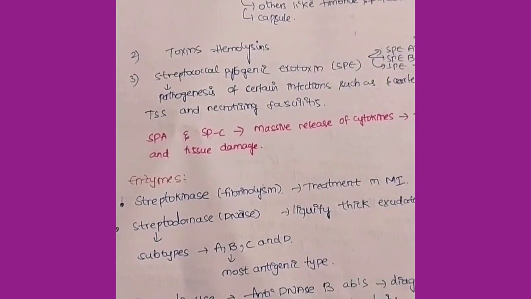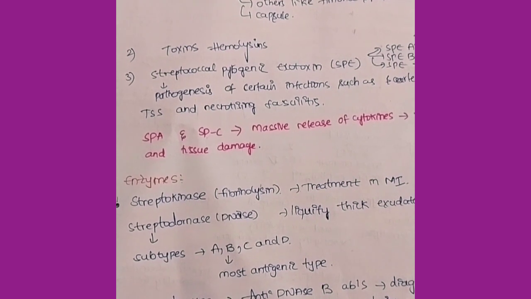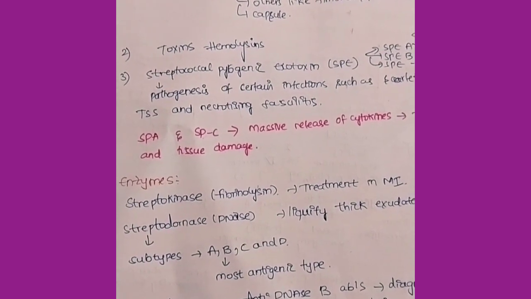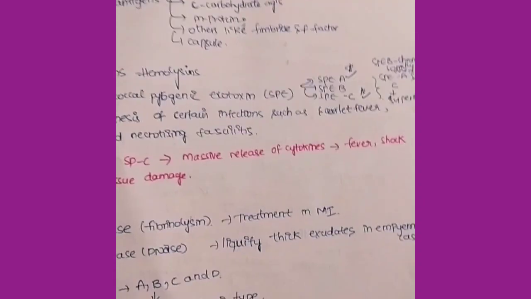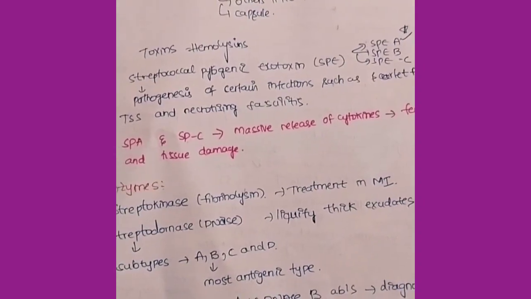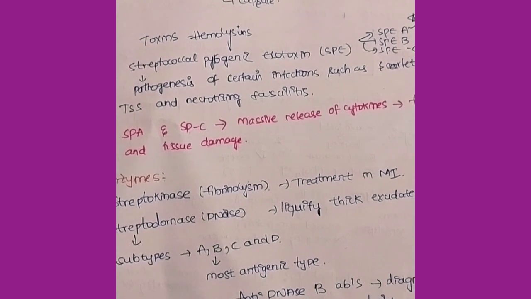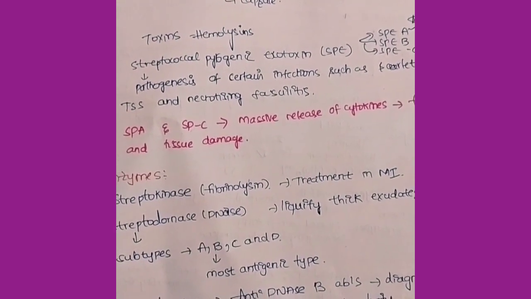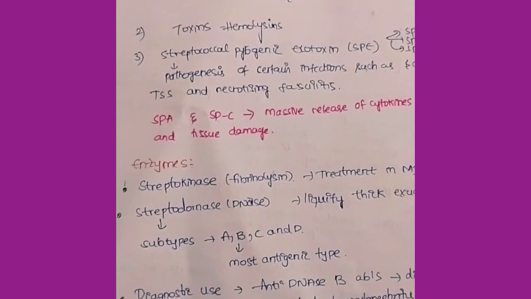Enzymes: streptokinase is a clot buster, so we can use it in MI. Streptodornase liquefies thick exudates in empyema cases. Its subtypes are A, B, C, and D, and B is the most antigenic type.